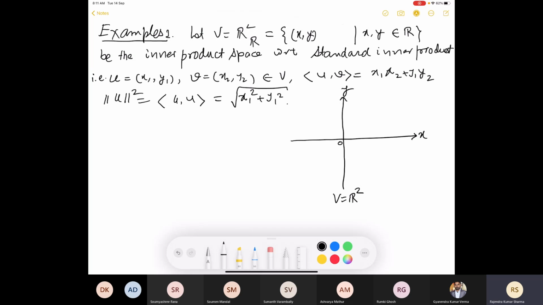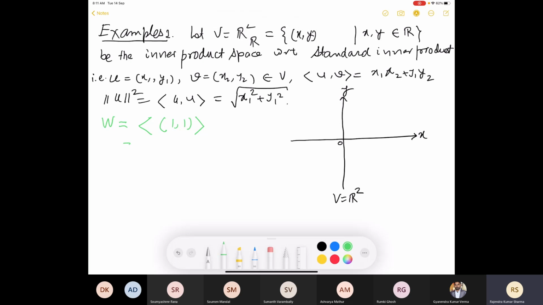Let us take W to be the subspace spanned by the vector 1, 1.